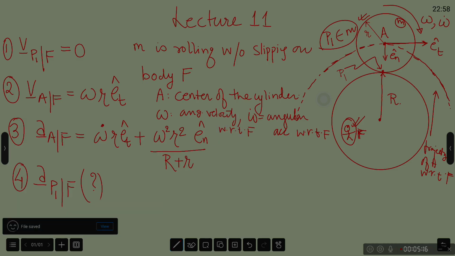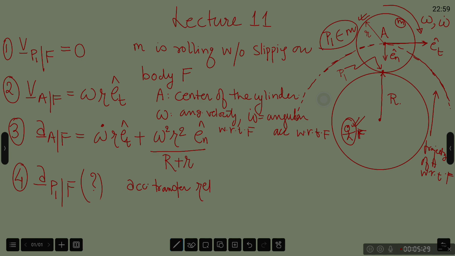Right? How do we find AP1F? To find AP1F, I am going to use the acceleration transfer relationship, ATR.